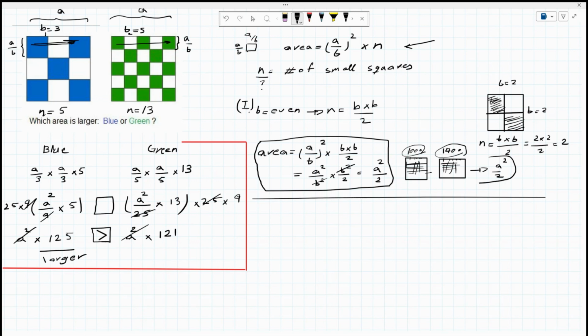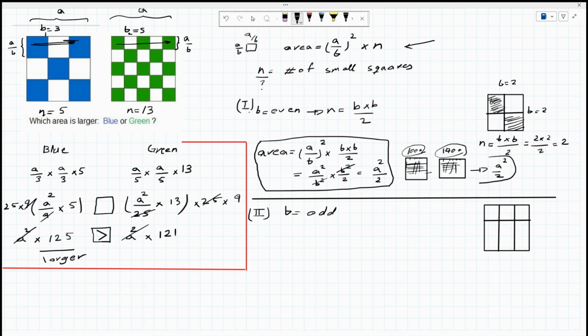But the second scenario, which I'm going to write here, if b is an odd number, so what happens here? So let's say I have a rectangle here, and I'm going to have b equal to 3.